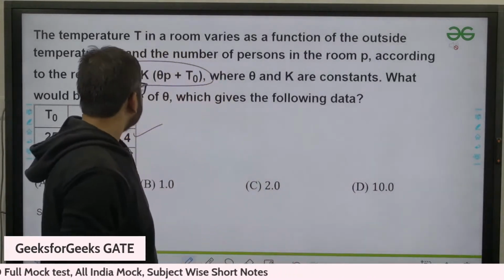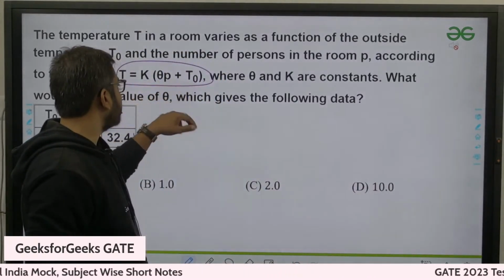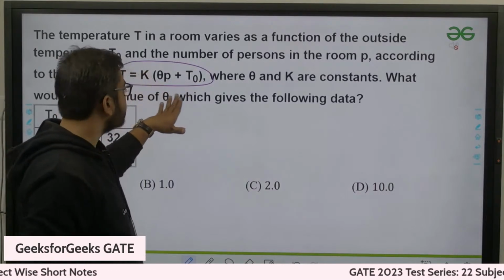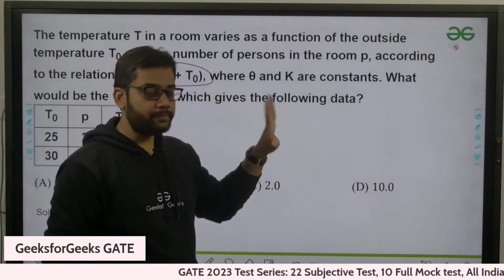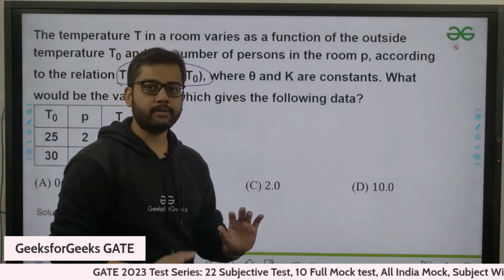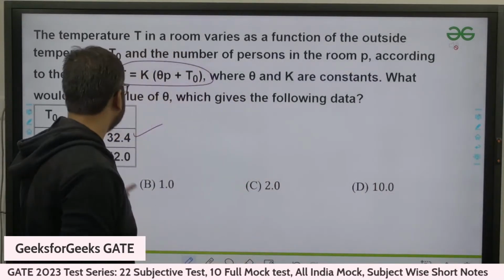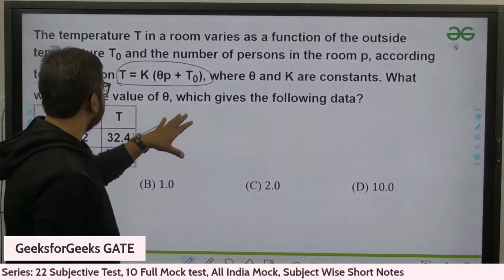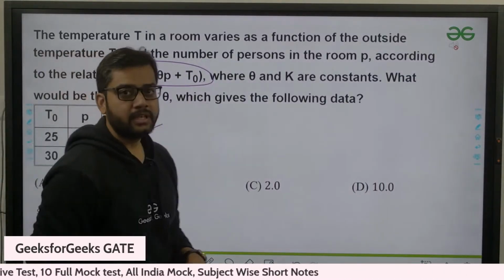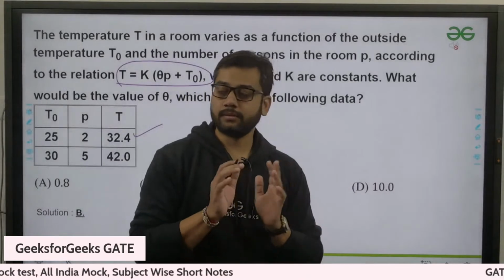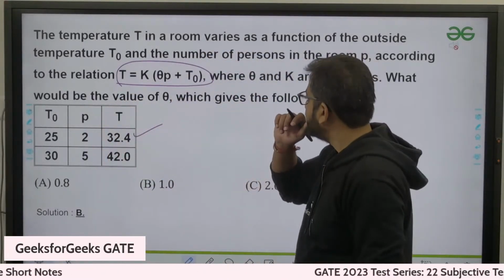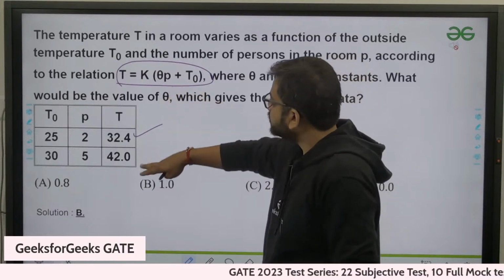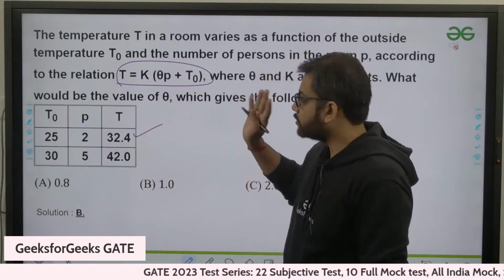Okay? So T is equal to K theta P plus T naught, where T is the room temperature, T naught is the outside temperature, P is the number of people, theta and K are constants. That's it. What we have to do is find the value of theta. The first thing is, don't assume anything in the question.